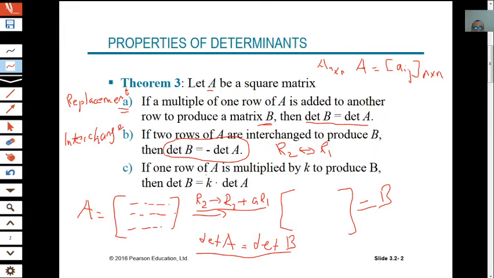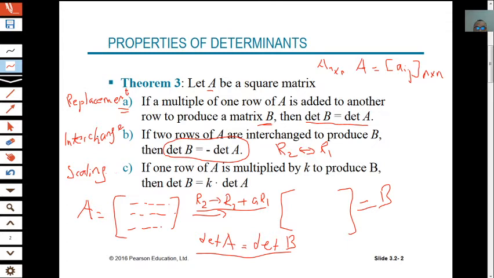If one row of the matrix A is multiplied by k to produce B, then the determinant of the new matrix will be k times the determinant of the previous matrix. You know, this is called scaling. This is the third row operation.